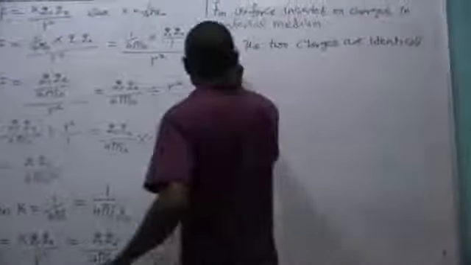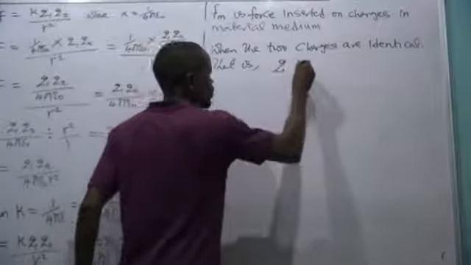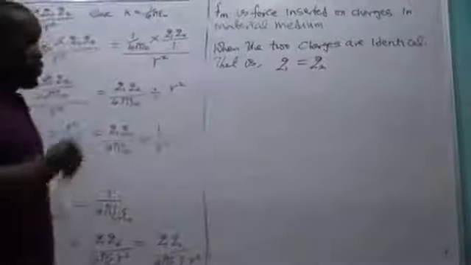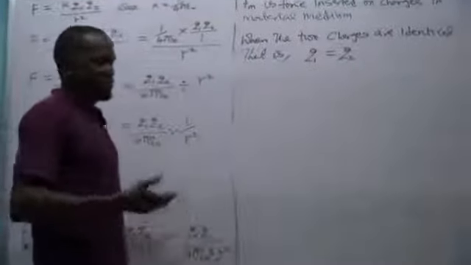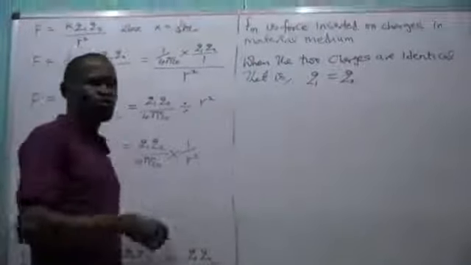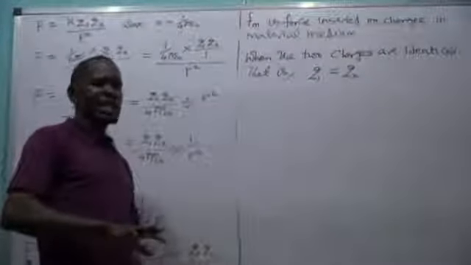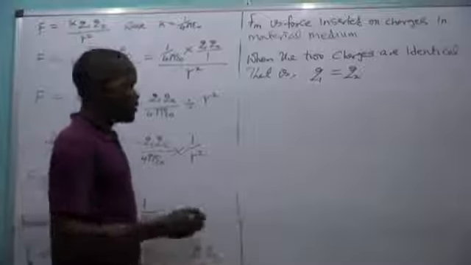That is, Q1 is equal to what? Q2. That means they are identical. They are equal charges. Equal charges means identical charges. For instance, electron and proton. Electron and proton are equal charges. It's opposite inside. Electron is negative and proton is positive.